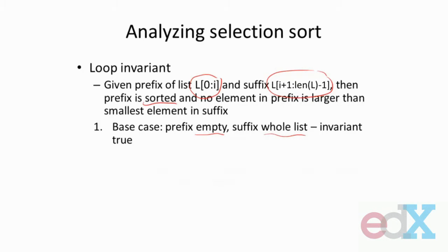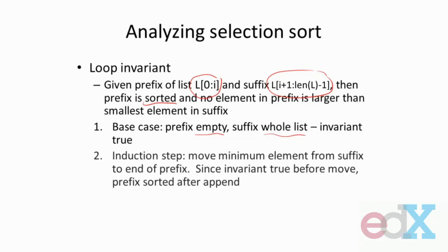Okay, now what about the induction step? This basically says when I enter the recursive call, I'm assuming, or I know, that the prefix is sorted. So what does this say? The induction step says we're going to find the smallest element of the suffix and move it to the end of the prefix. If the prefix was sorted beforehand, putting something that's larger than everything in it at the end says the prefix is still sorted.